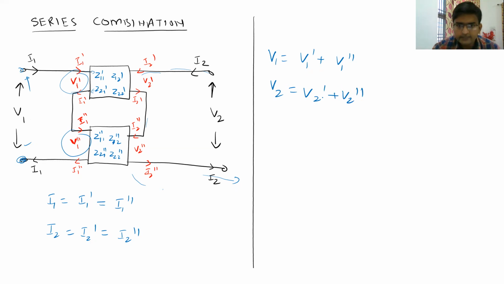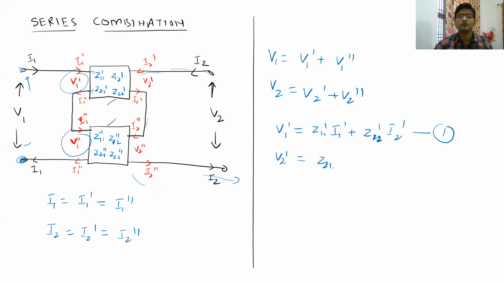So now let us write the individual circuits' Z parameter equations. For the first circuit, V1 dash is equal to Z11 dash I1 dash plus Z12 dash I2 dash, equation 1, and similarly V2 dash is equal to Z21 dash I1 dash plus Z22 dash I2 dash.